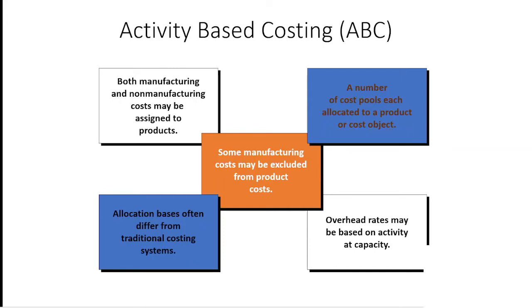We say, okay, what is the total or ideal capacity that we are going to use, and based on that how many activities are going to be produced by that particular function, and then we will see what is the actual use by the different products.